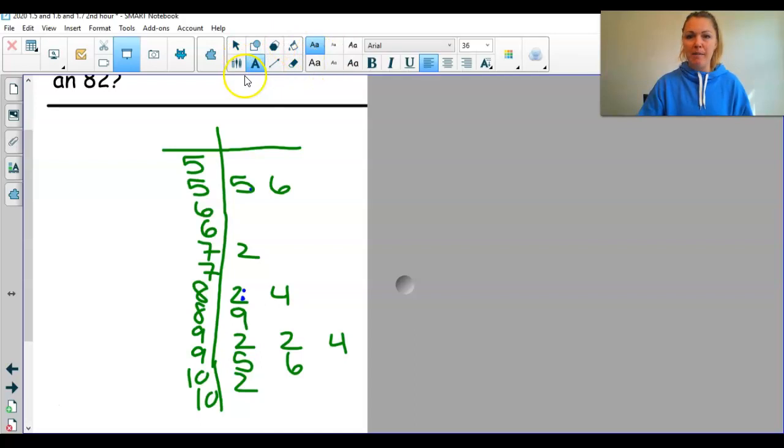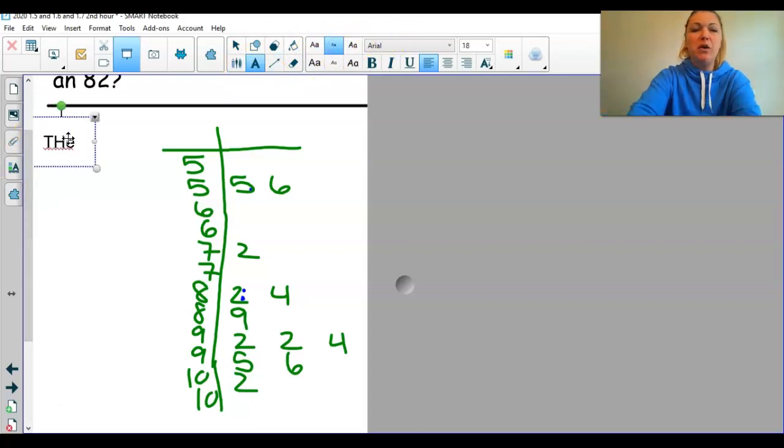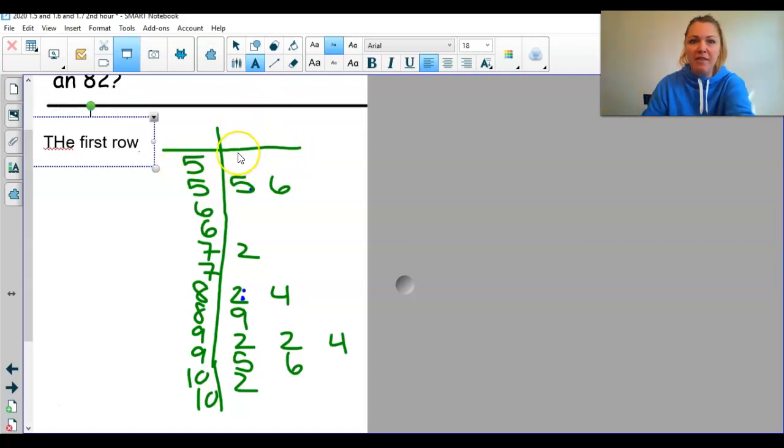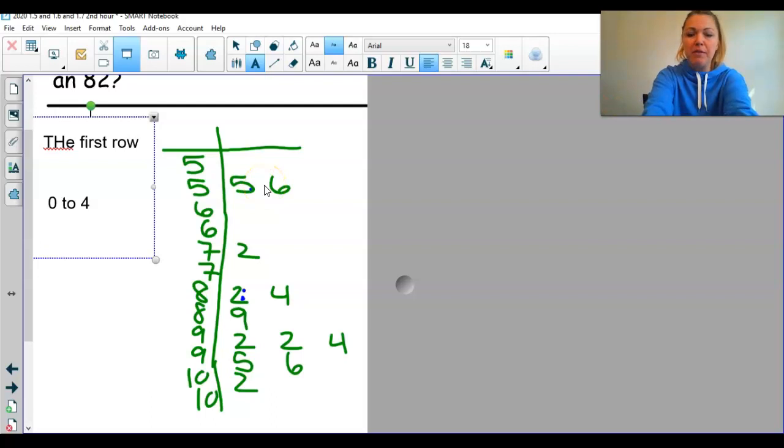Oftentimes people have caught on by now. What just happened, okay? The first row, meaning like this first 5, that's reserved for anything that has a leaf from 0 to 4. The second row belongs to anything that has a leaf from 5 to 9.